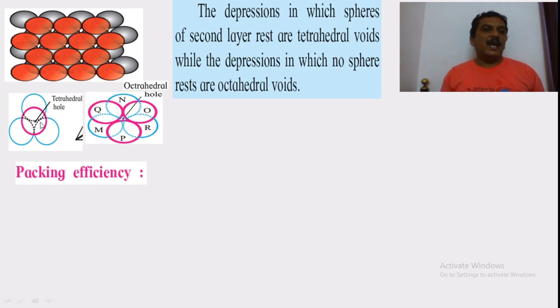And hence in an arrangement like this, there are void spaces and also particles, and we have to see in this lecture the packing efficiency, that means how much space is occupied by the particles and how much space is void space, that is volume unoccupied.